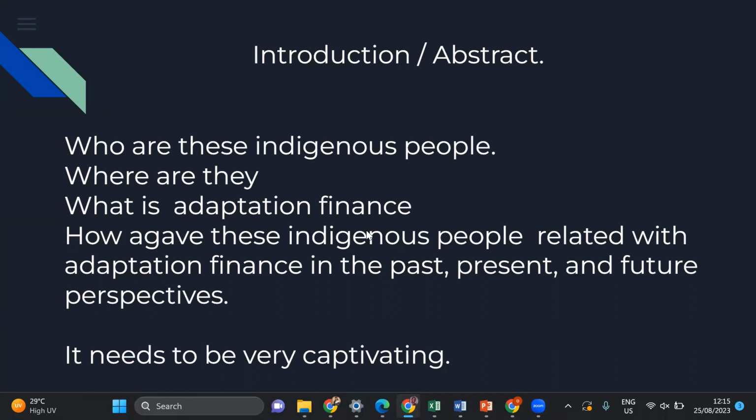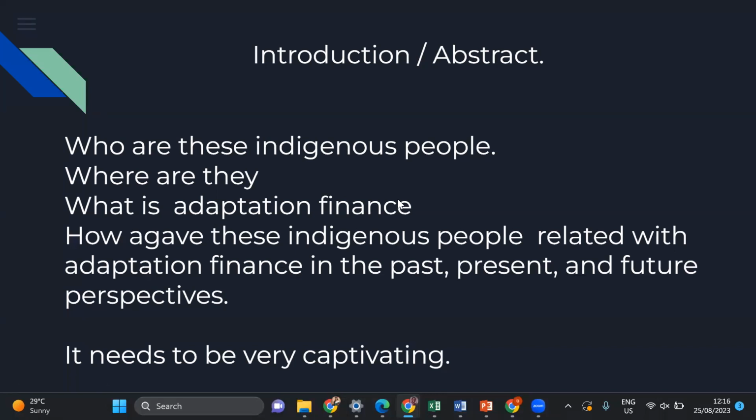So at this point of the introduction, you keep it as simple as possible, but you make sure the reader can get a fair picture of who these indigenous people are, where they are, what adaptation finance is, and how these people have responded to the previous policy.